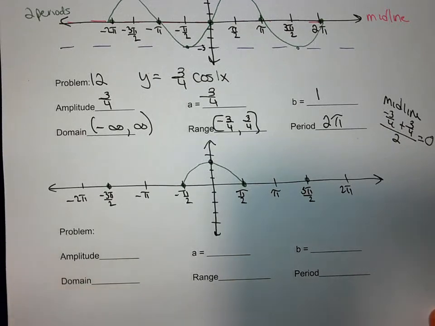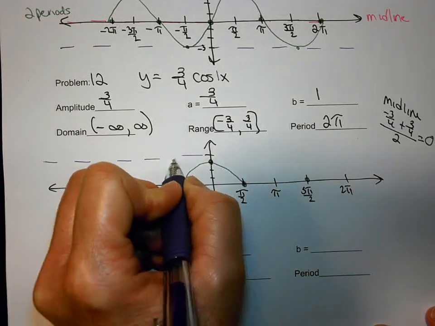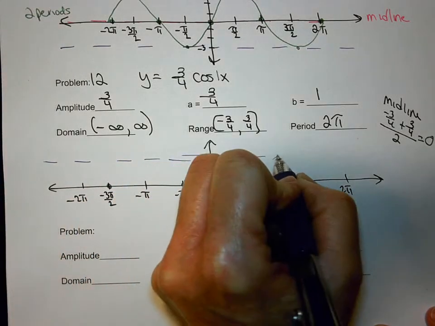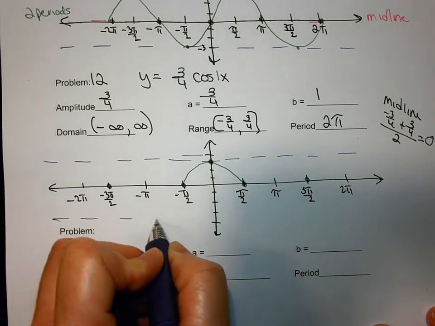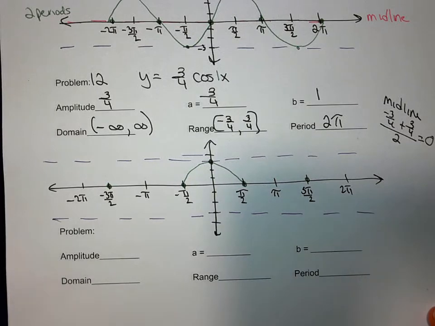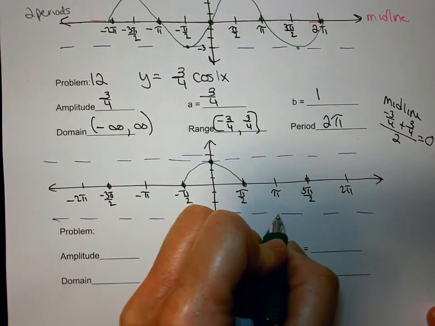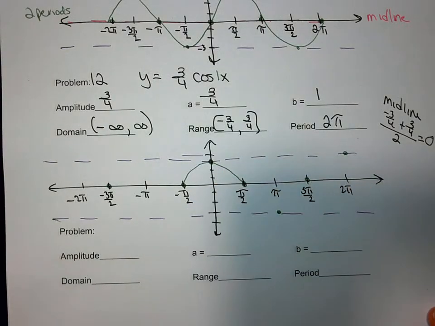So again, we have our limits at the top and the bottom. So it's only going to go up to, whoops, I missed the 3/4. It's only going to go up to the 3/4, and 1, 2, 3, it's only going to go down to the 3/4. So we know it has to stay between that. So I know this value is going to come down, and I know this value is going to come back up.